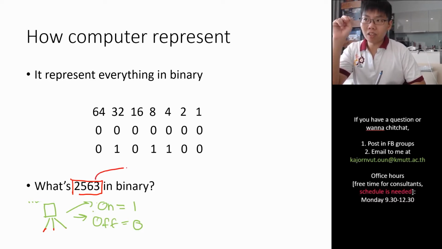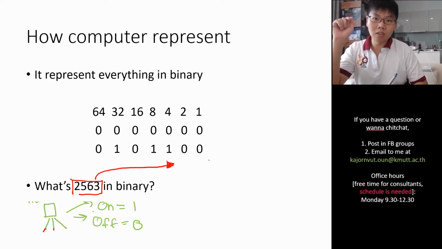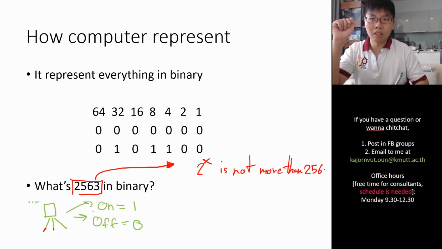So the way we think is like this. We need to find the closest power of 2, 2 to the power of x, that is not more than 2563.